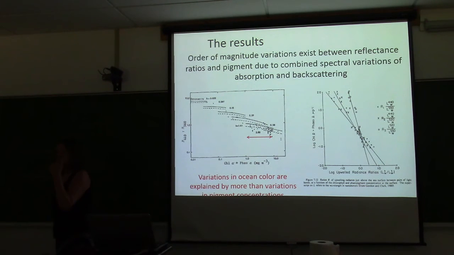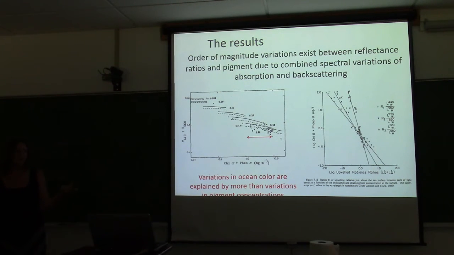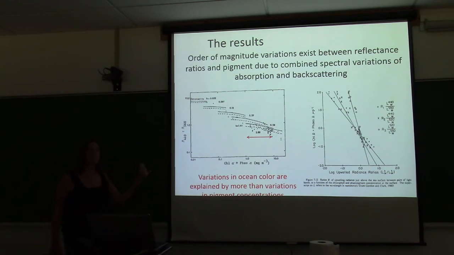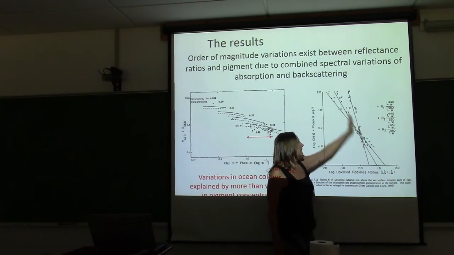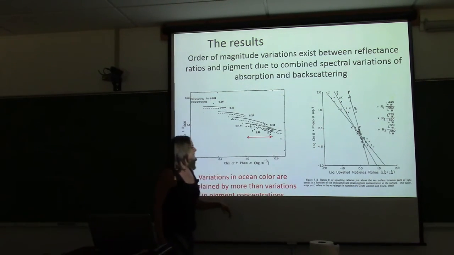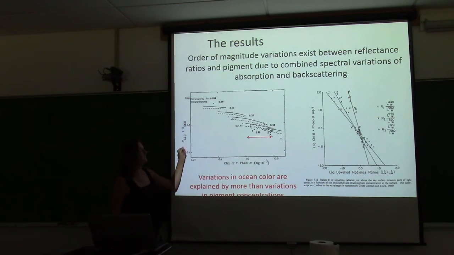The variations in absorption, the variations in scattering, the variations in the relationship with those IOPs relative to chlorophyll. And so that's why you get scatter in these relationships, because it's not chlorophyll that's changing this. But in fact, what they had was the model of what is changing this.